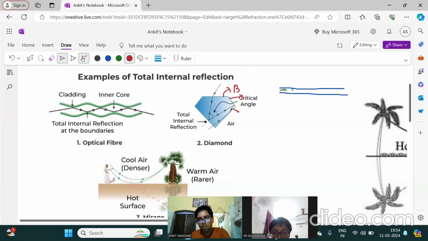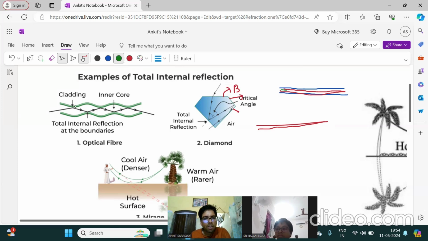Clear? I will just draw one layer like this. You can see this. 2 layers. One layer outside, one layer inside. So the outside layer is some plastic or something else, some other material, and inside is some glass. This inner layer is known as core. Did you see this?